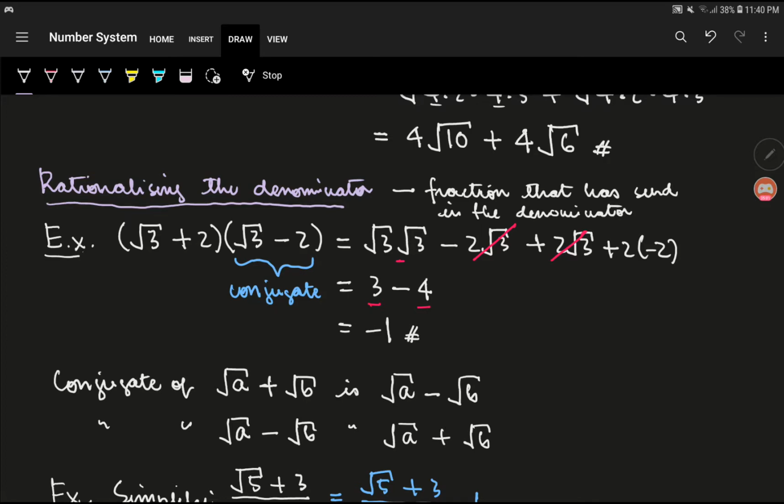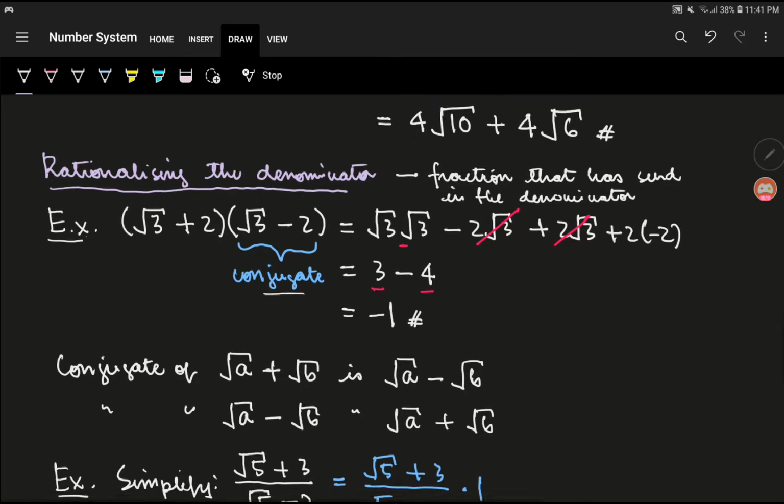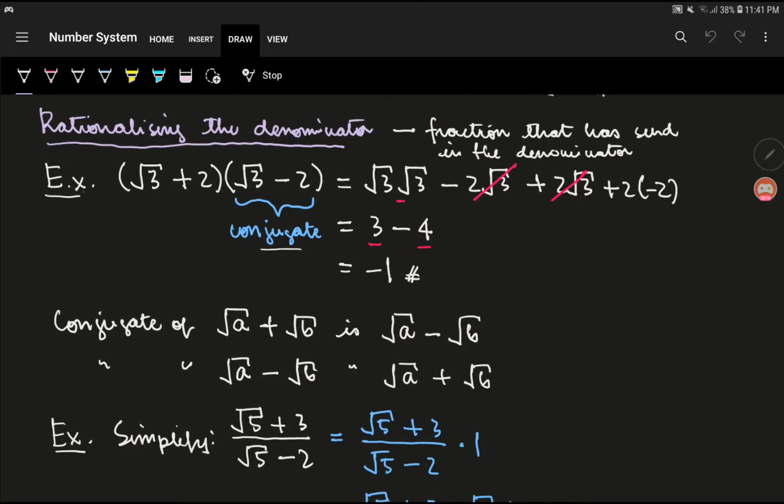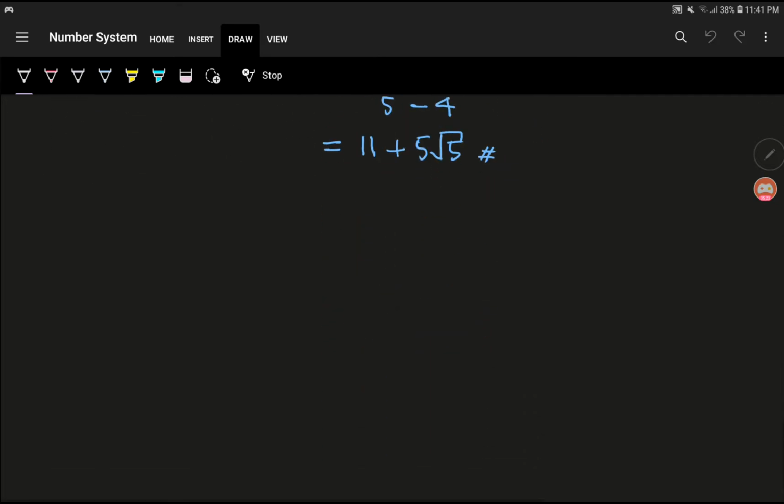To rationalize the denominator, we use the conjugate of the denominator. Okay, so that's what we meant by rationalizing the denominator. Okay, so last example. So we have the last example.